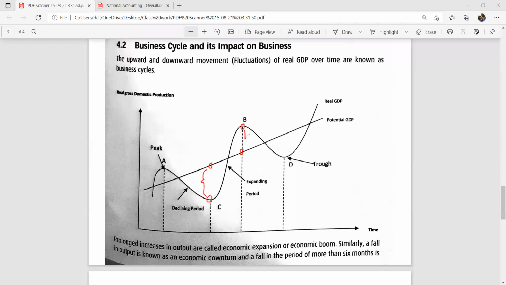We expected low, but we reached greater, therefore here a positive output gap. So negative and positive output gaps can be seen due to these changes, I mean the gaps between potential GDP and the real GDP, simply the expected output and the actual output that the economy reached.